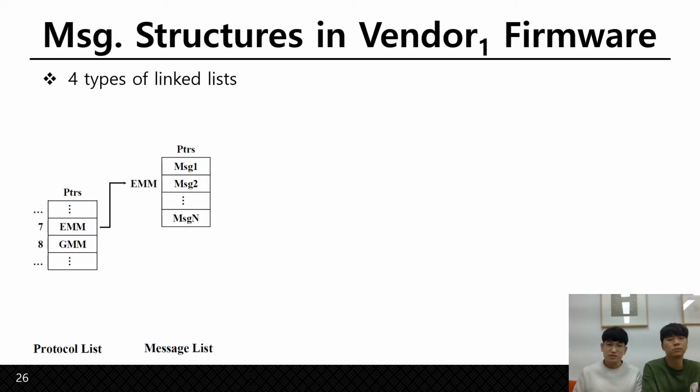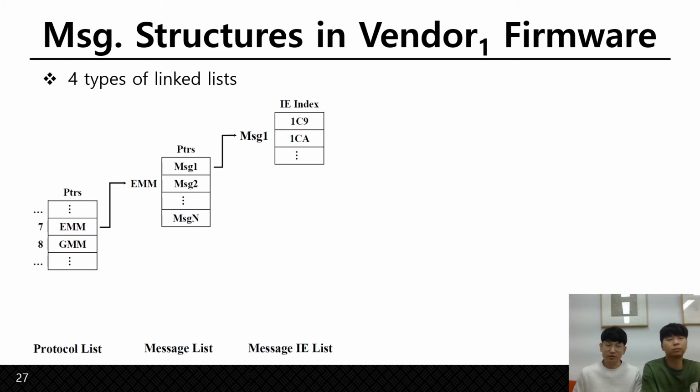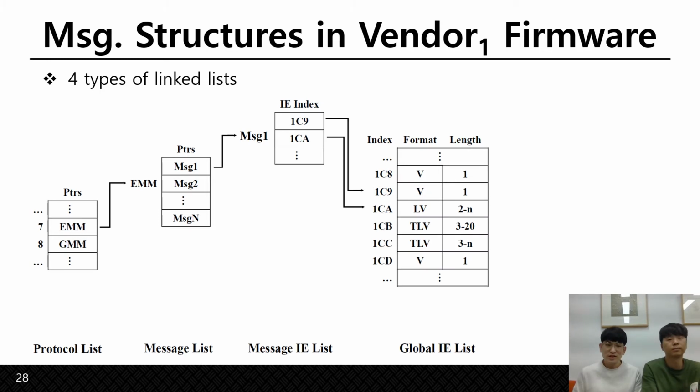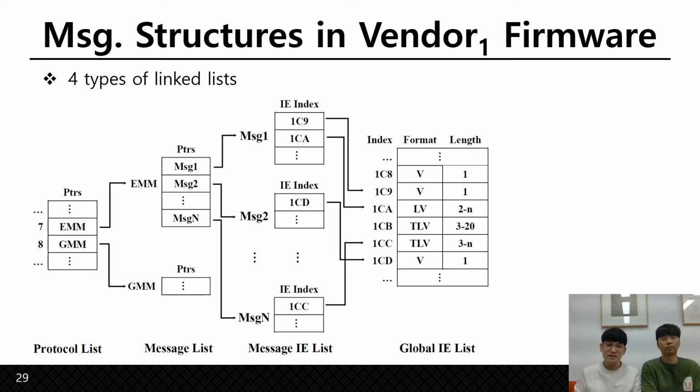Then it searches the target message in the message list, and it follows the pointer for the IE list for that message. Finally, it fetches the detailed information of each IE, such as IE format or length, from the global IE list. By following these steps for all messages, we could obtain all message structures from the firmware.